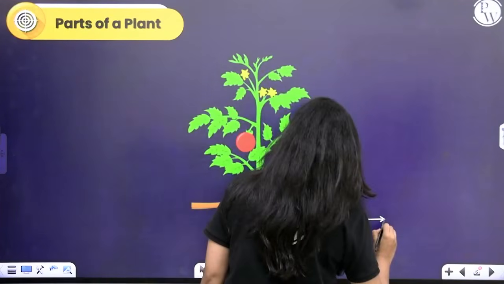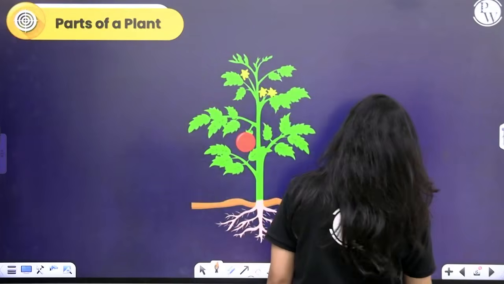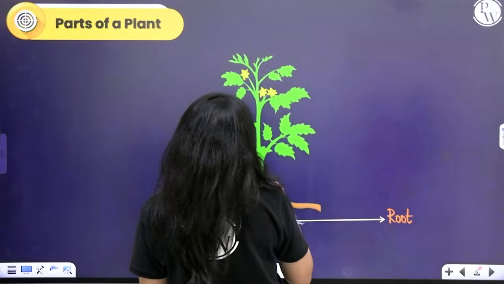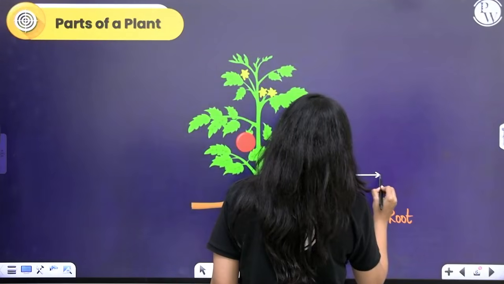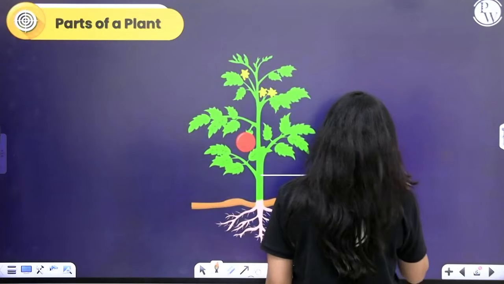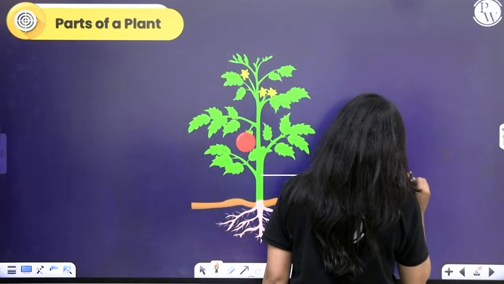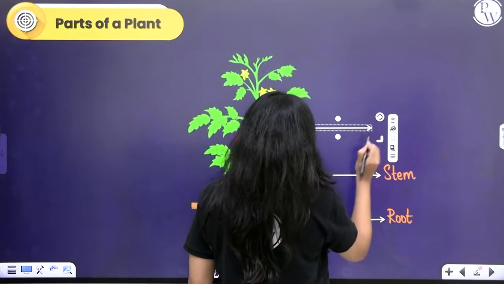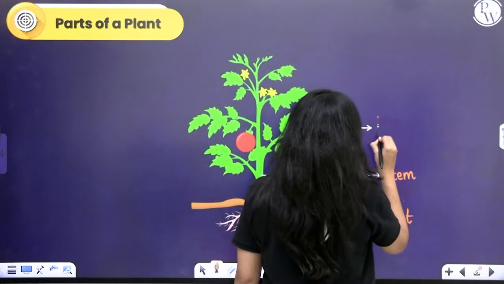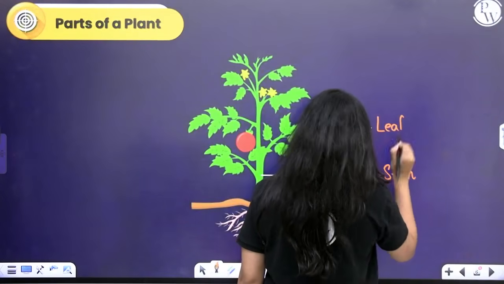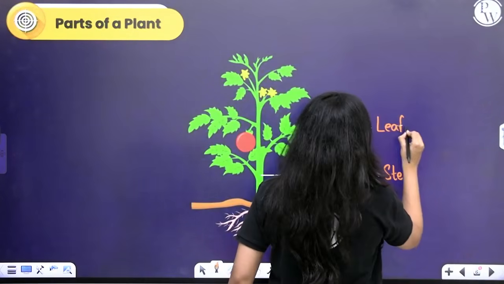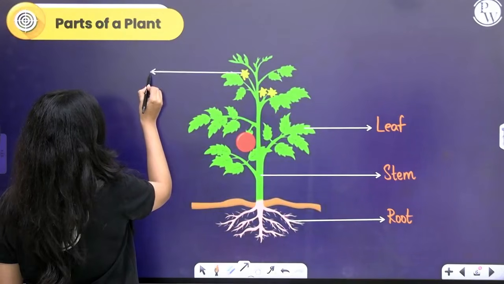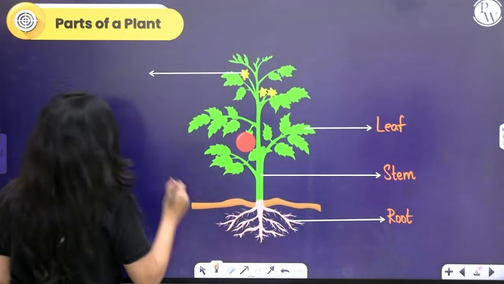We'll start off with the root. Here you have the root, below the ground, generally in most cases. What you have above the ground is the stem. The stem has many different branches, and on the branches you can find leaves, which are the photosynthetic parts of the plant. Then you have flower, right?